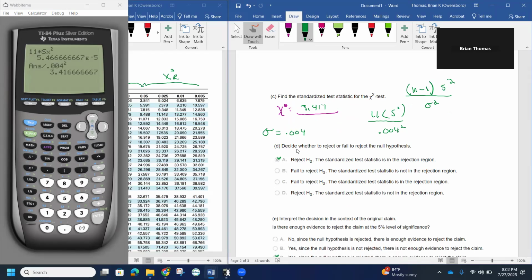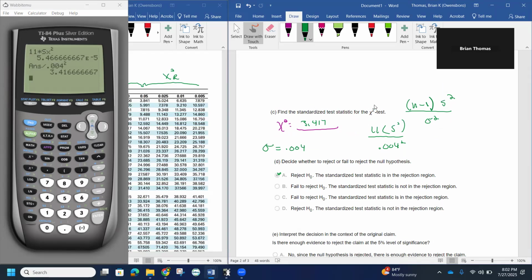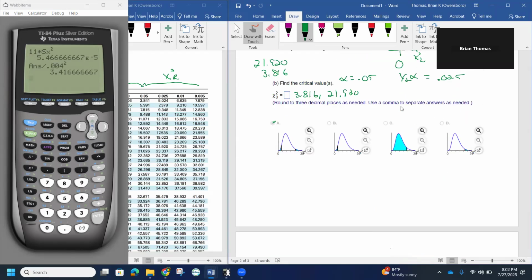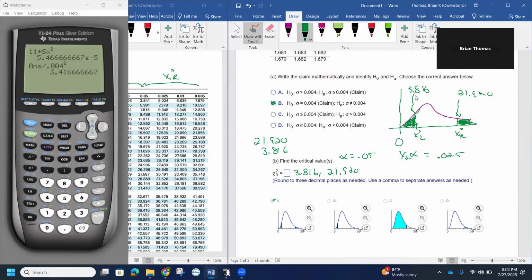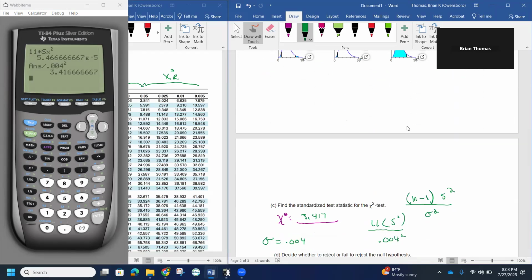Our next question is to decide whether to reject or fail to reject the null hypothesis. Remember up here, if you're left of 3.816, you're in the rejection region. 3.417 is left of 3.816, so we are in the rejection region.